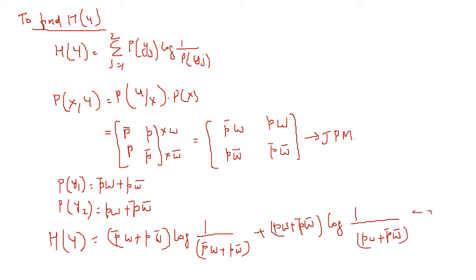We'll take this as equation number 2. So this is your H of Y for your binary symmetric channel. Now to find mutual information.